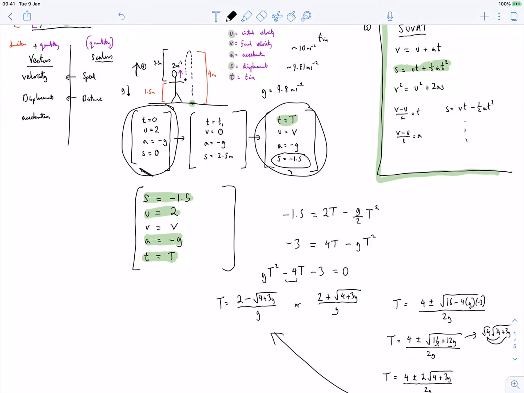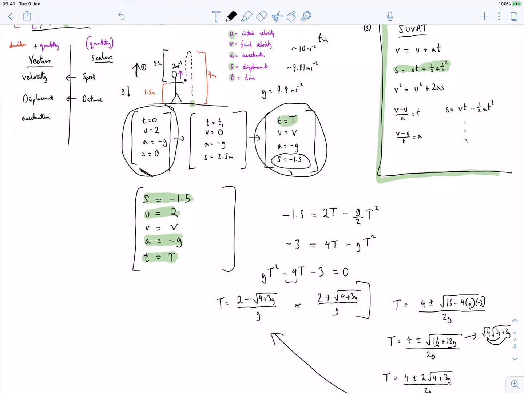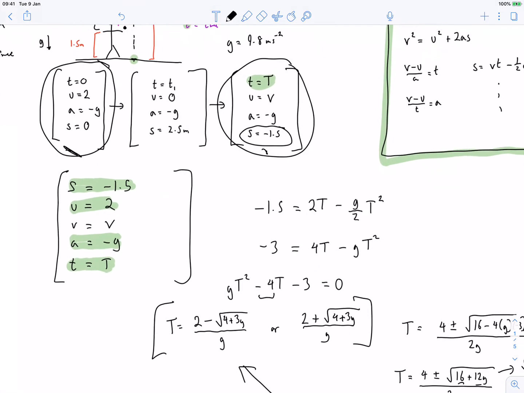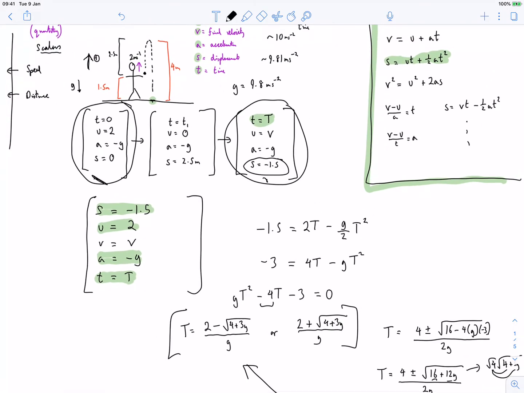Okay, so the next question becomes, which answer is valid? Well, if you plug into a calculator or just think about it very carefully, do you agree that 2 equals the square root of 4? So the square root of 4 plus stuff must be bigger than 2.